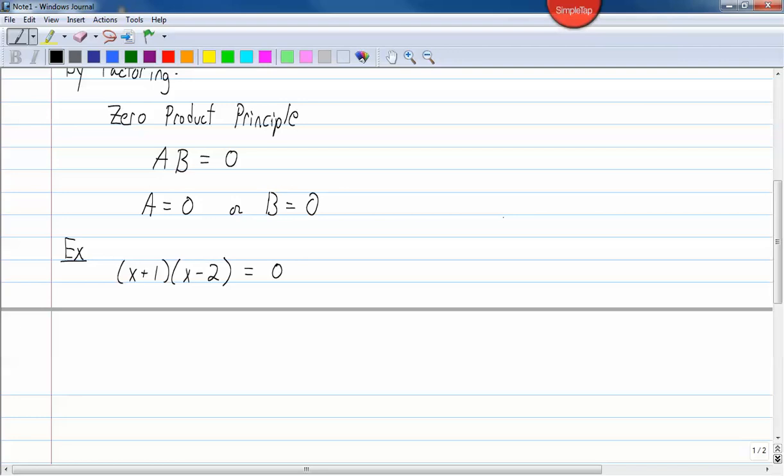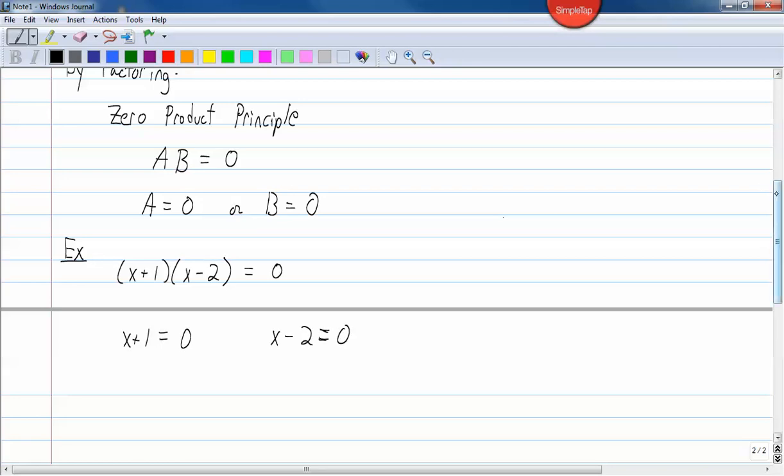I was given the quadratic equation in factored form. So if I needed to solve for x, I want to know what would make this left side of the equation equal to 0. Since I have a product, I can apply the zero product principle and say x plus 1 equals 0 and x minus 2 equals 0.